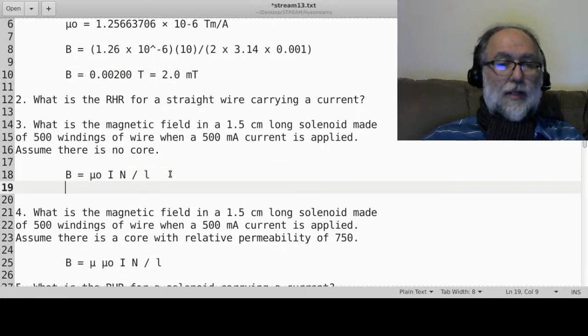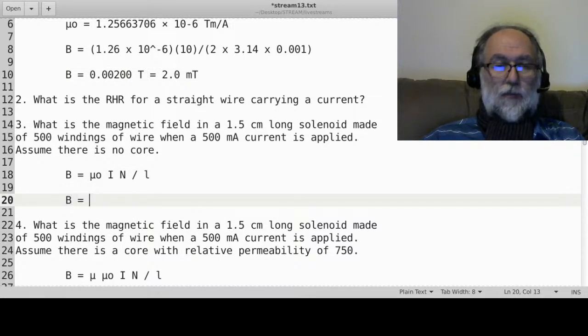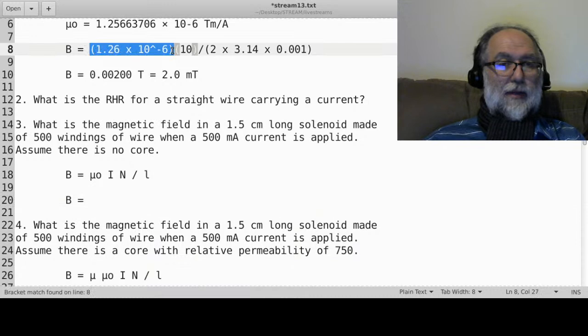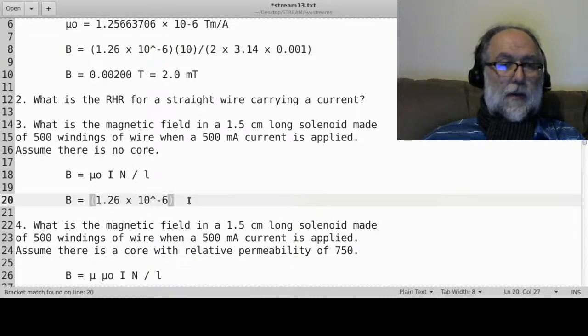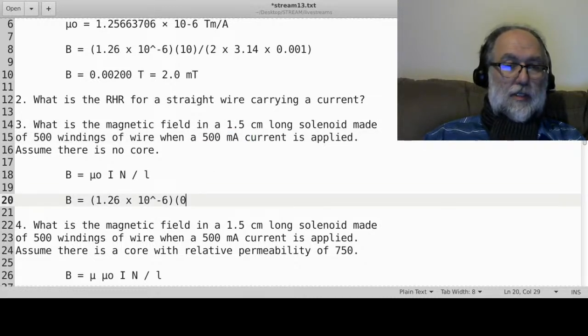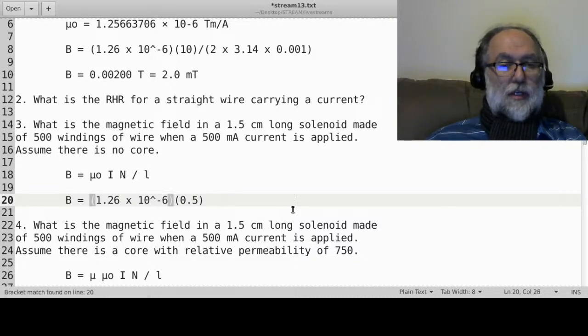All right, so B is going to equal, well, there's that permeability again. There it is. Okay, multiplied by I, current, and I tell you the current is 500 milliamps, which is 0.5 amps. Okay, and you know what? I'm going to put the units in here just to show you how they cancel out.